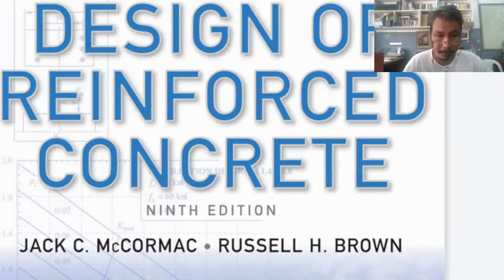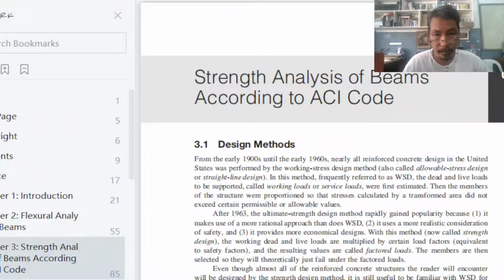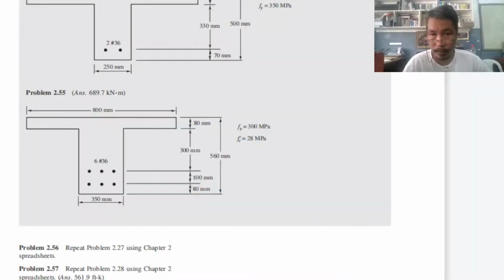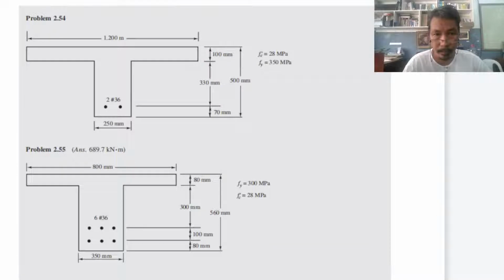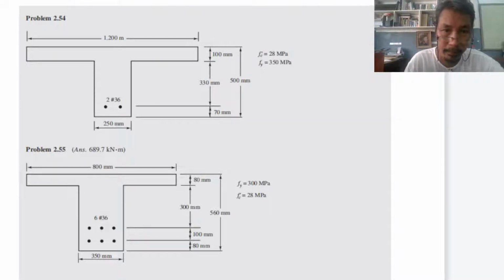to the example. So this is our problem 4, example number 4, from the textbook, problem 2.54.